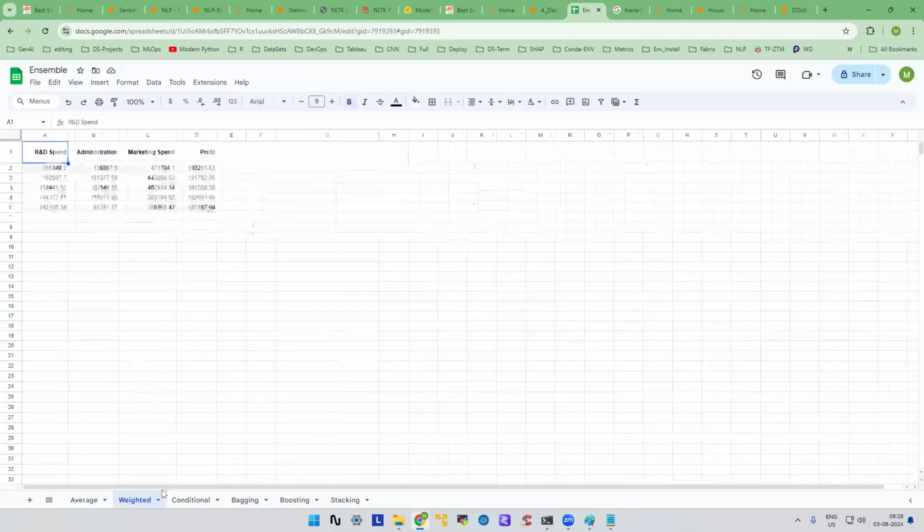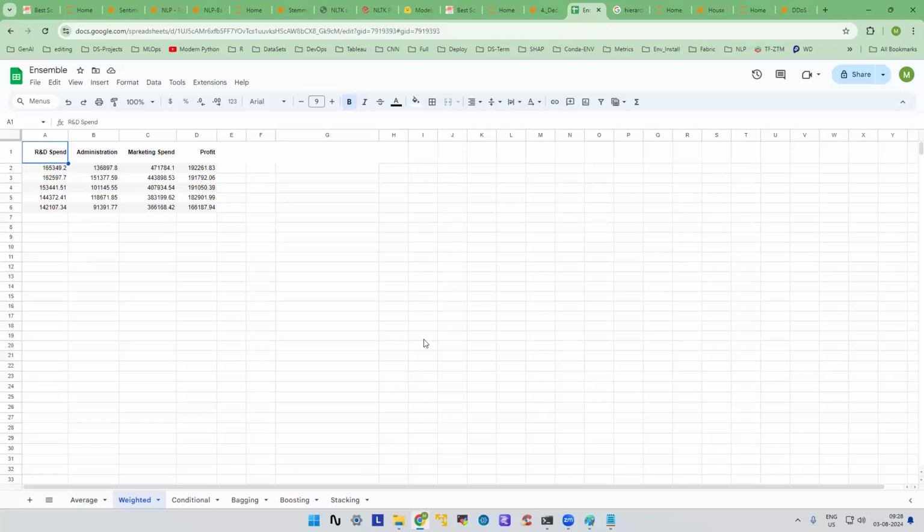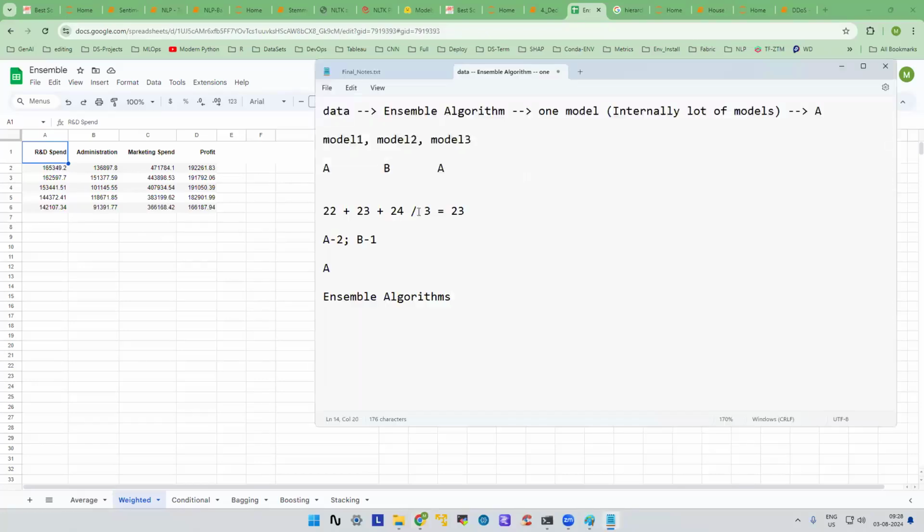Okay. Weighted average: what could be the difference between the average and the weighted average of an ensemble algorithm? In this case, what is 22 plus 23 plus 24 by 3? Mean value. Yes, mean.